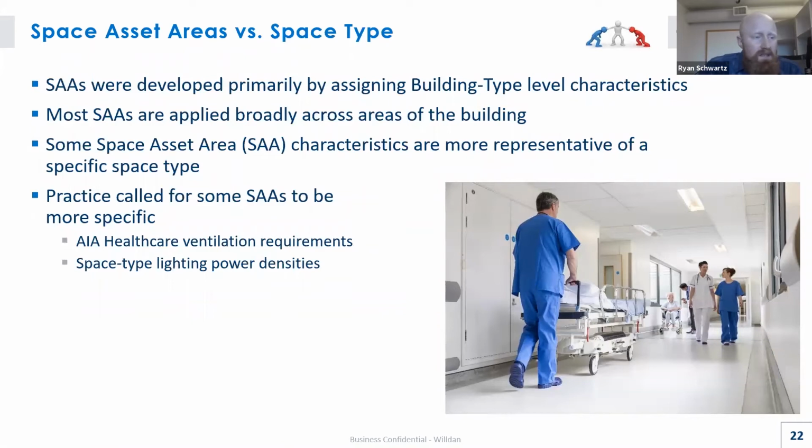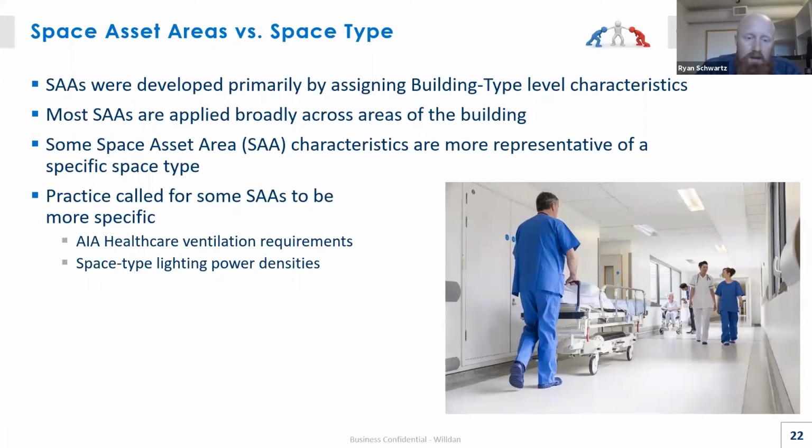There is a key fundamental difference or point to make here about a space asset area. As I mentioned, it's meant to capture the broader programmatic function. And so a space asset area is different than a space type, which is often defined in the standards such as ASHRAE.